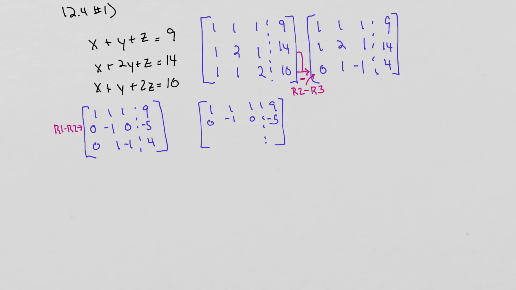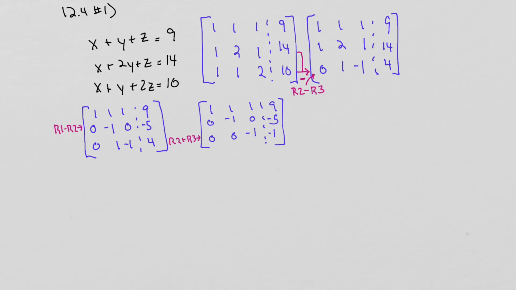And now the third row, I'm taking row 2 plus row 3, and I'm putting it in the third row. So as I do that, I have 0 plus 0, -1 plus 1, 0 plus -1, and -5 plus 4 is -1.